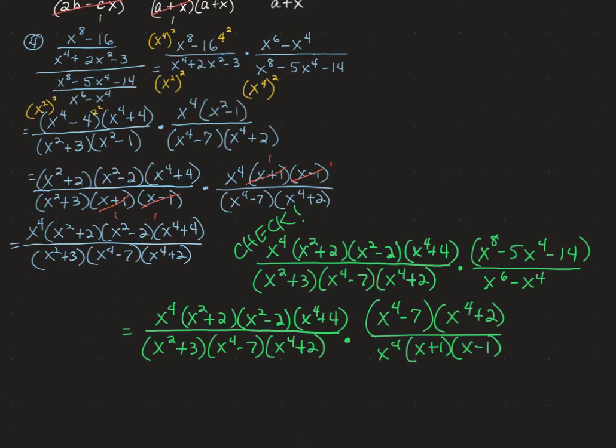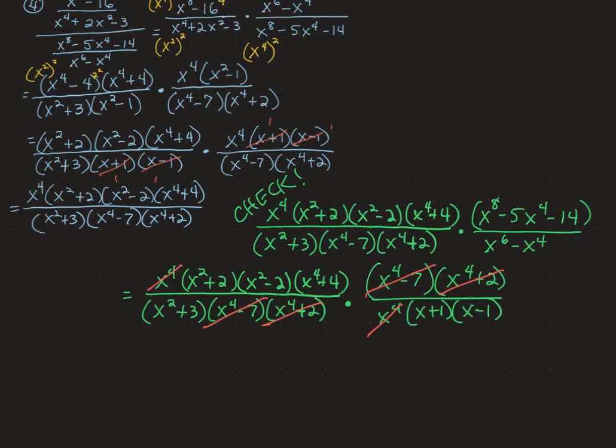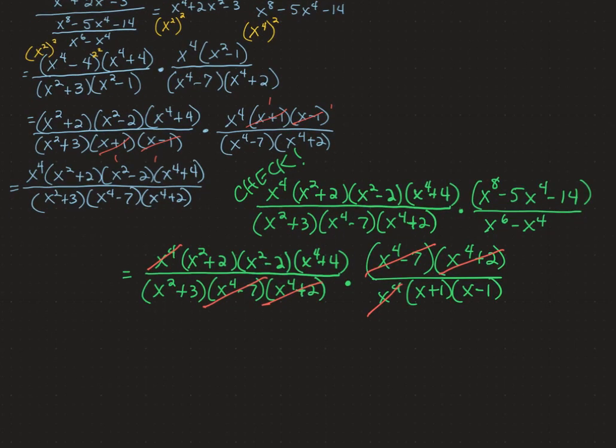Now can we cancel some things? Let's see, x to the fourth will cancel. Anything else? How about x to the fourth plus 2? X squared plus 2, x squared minus 2, x to the fourth minus 7. Look at that. Let's start multiplying these terms and see what we get. I'm going to first distribute here, but that's actually going to become the difference between two squares.